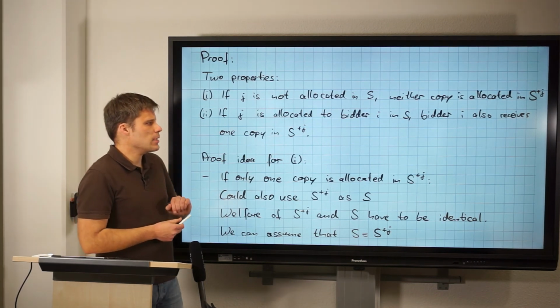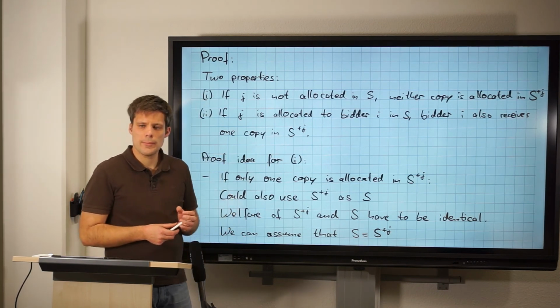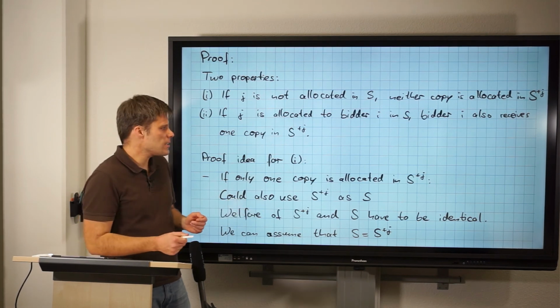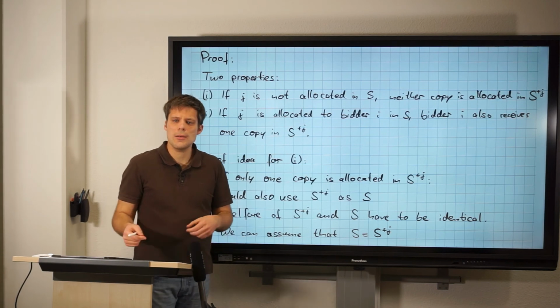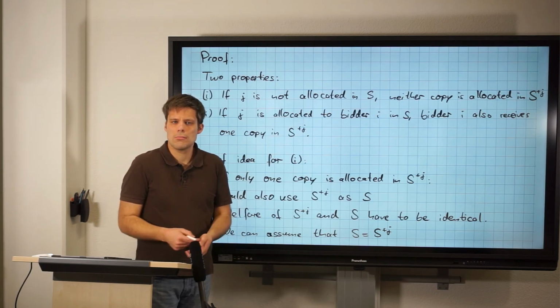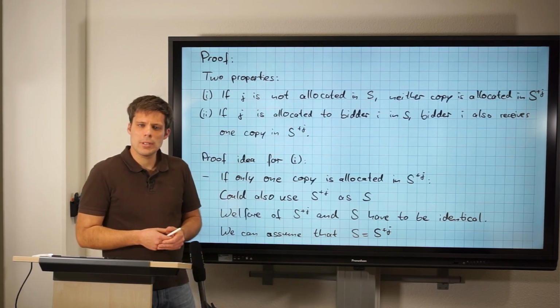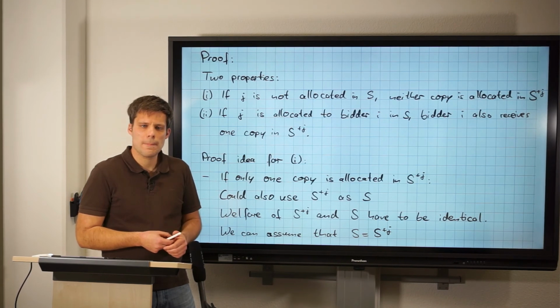That everybody except for bidder I is getting just something in S plus J, because bidder I is getting S plus J and the other bidders get whatever is remaining, because we now just have exactly one copy of each item left.